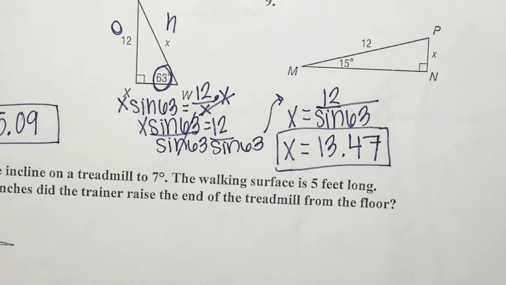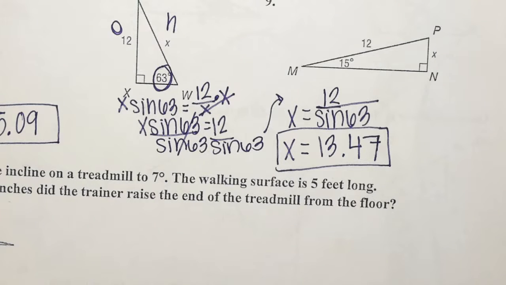I made you do it the long way one time, because I always make you do the long way one time. And you're going to be able to do it that way. But why? Our original problem we just did, we had sine of 63 equals 12 divided by x, right?